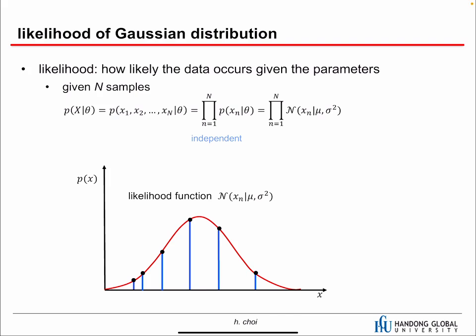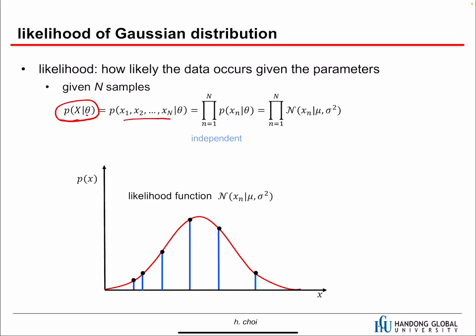So let's start talking about the likelihood with a specific example, especially with the Gaussian distribution. With the Gaussian distribution, first we have to define the likelihood, and the likelihood looks like this. In general, the likelihood is the probability of all the x's given the parameters. And the samples are independent.